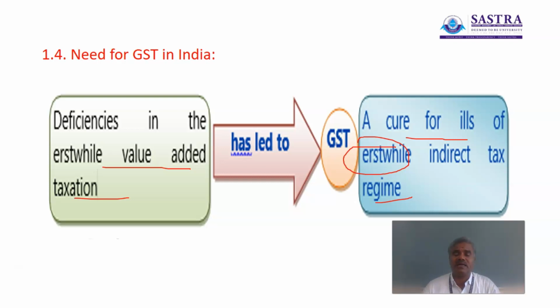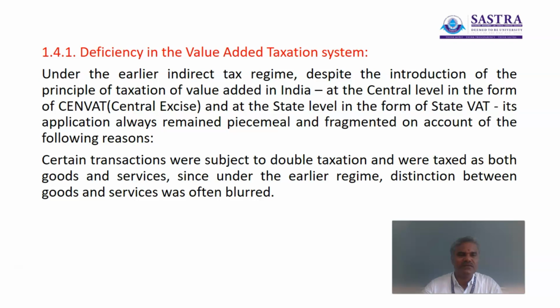Now our economy, the Indian economy, is booming, but with a lot of defects. They have to look at the problems: where the people are suffering, how the people are suffering. Then, deficiency in the value-added taxation system.